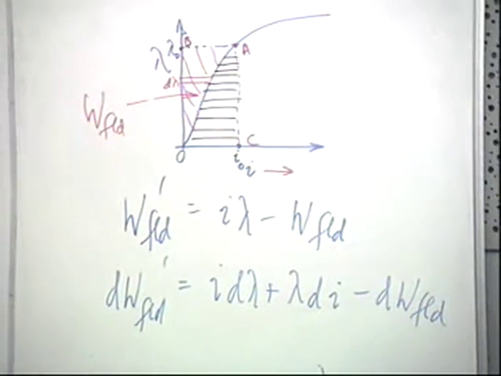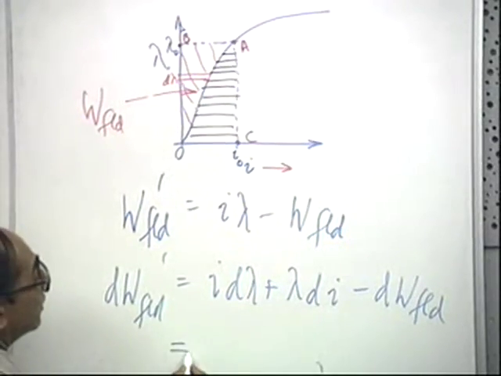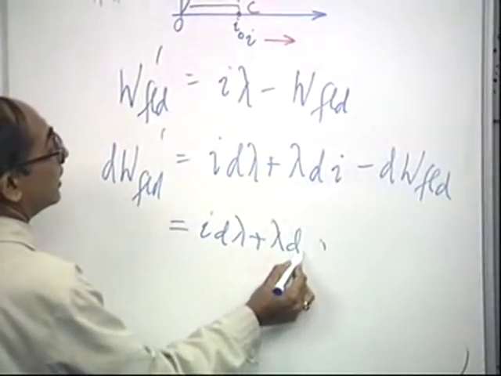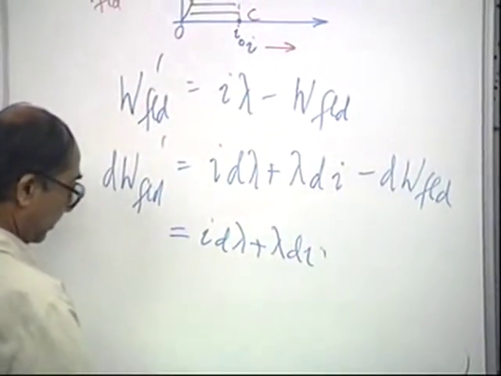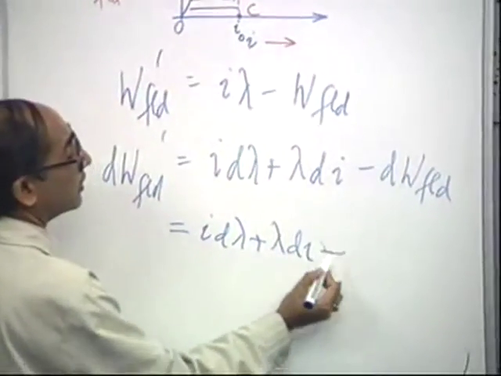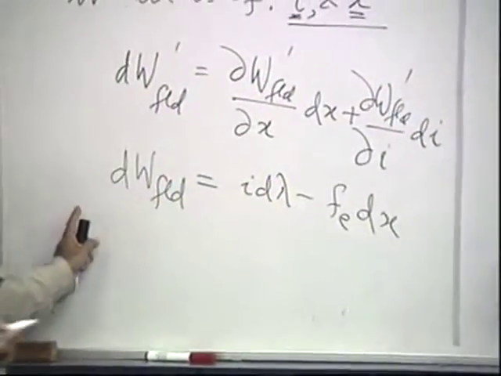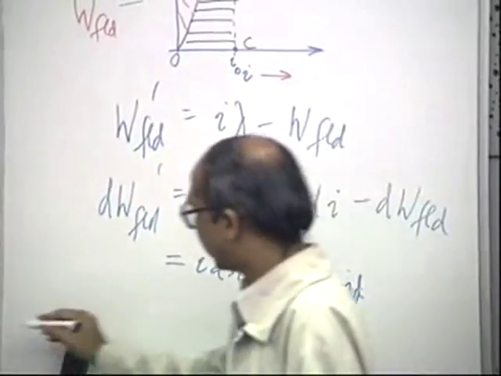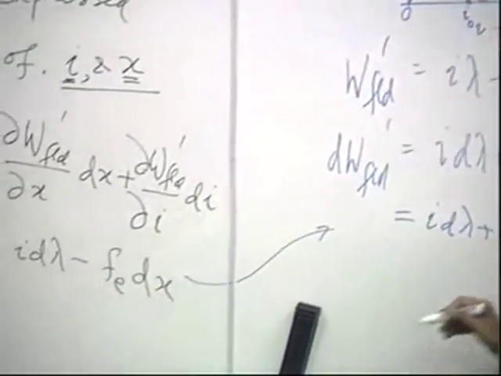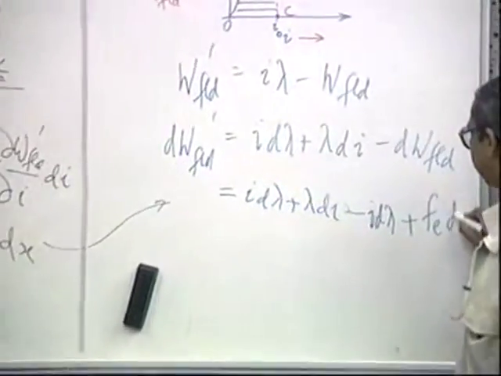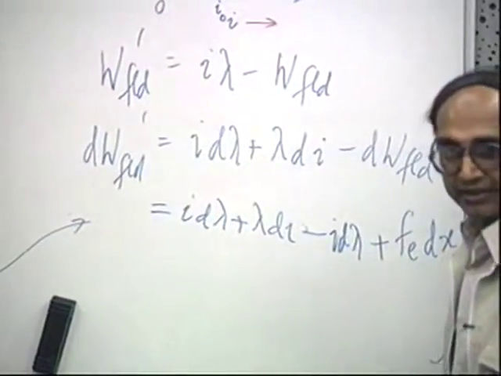Now we can write this as I d lambda plus lambda di minus dW field, which from this one is I d lambda plus Fe into dx, right?